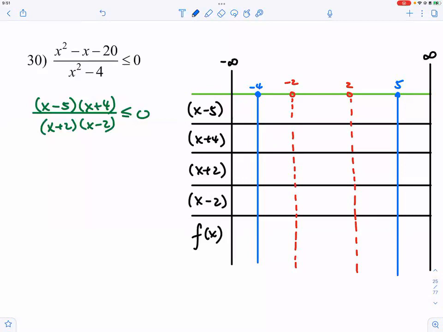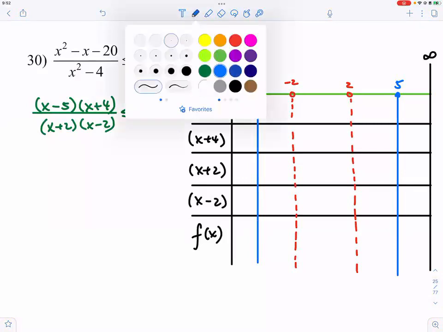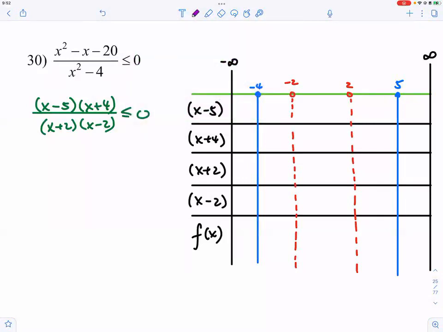So what we're dealing with right here is that we have a lot of signs to fill in. Just make sure that you know how to make this a much easier process. All we care about is just a bunch of signs. Let's say for the first one, x minus 5: if you want it positive, you have to make x bigger than 5. If it's less than 5, it's negative.